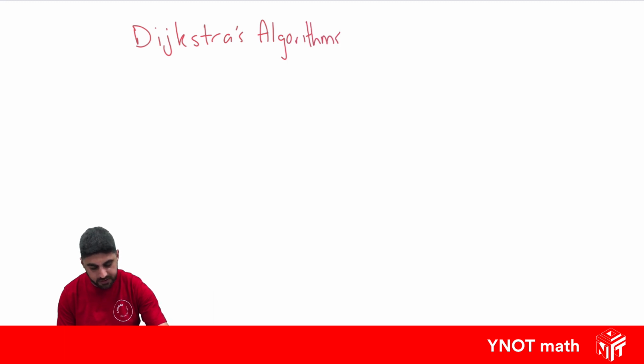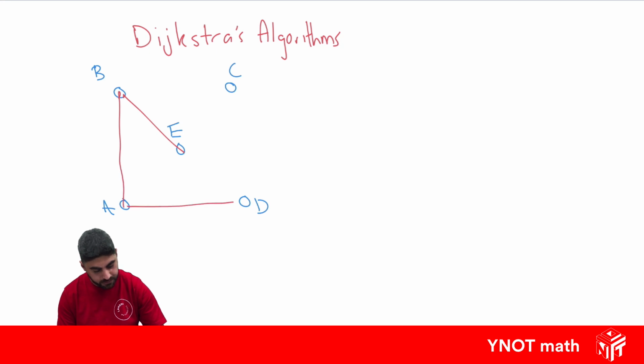Okay, and this is very similar to Prim's algorithm, but we're considering the starting vertex every time. So let's draw in a network. A, B, C, D, and E. Going to draw some edges in.